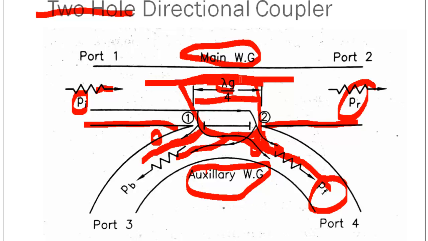In this direction it travels lambda g by 4, this length. When it is coupled and travels towards port number 3, it also travels lambda g by 4 electrical path length. So the total electrical path length will be lambda g by 4 in the forward direction and lambda g by 4 in the backward direction. So the total length will be lambda g by 2.